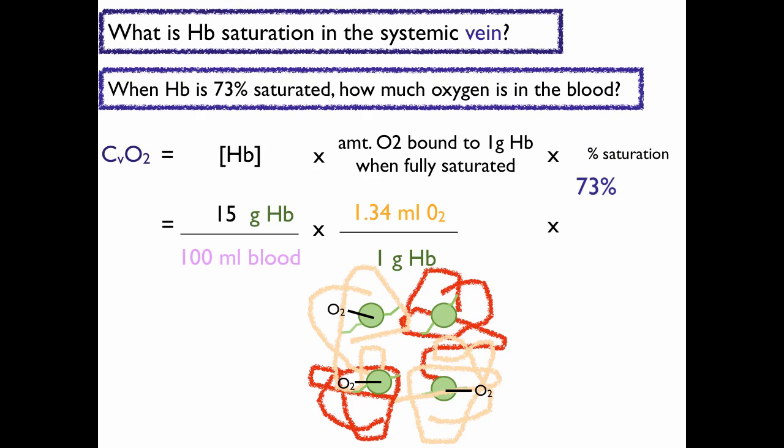So we're going to multiply it by our 73%. And remember to write this out as 0.73. If we multiply all this out, knowing that grams of hemoglobin cancel out, we get an average systemic venous content of oxygen at rest of 14.7 milliliters of oxygen per 100 mLs of blood.